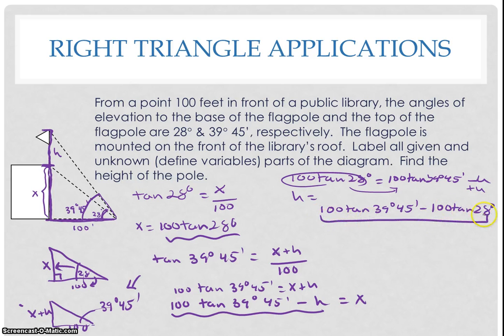Now all of this I can plug into my calculator in degree mode. And I know it's degree mode because I'm plugging in degrees. And I get that my height h is about 29.998, or h is about 30 feet.